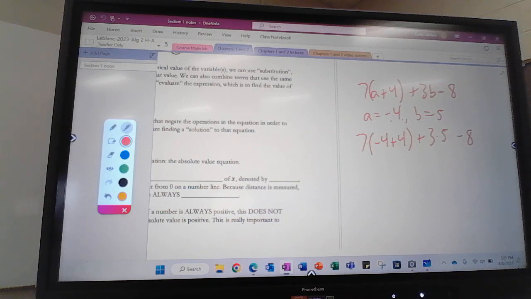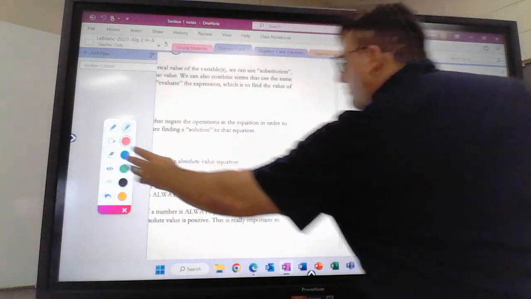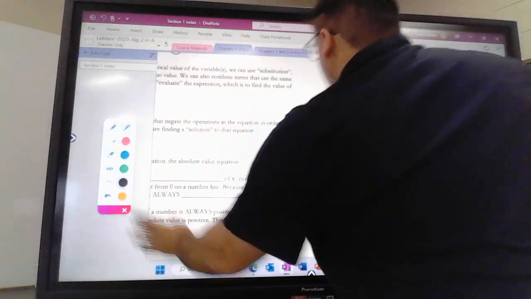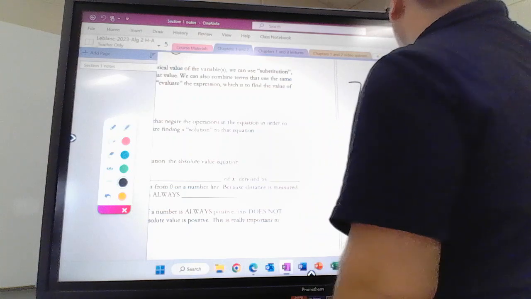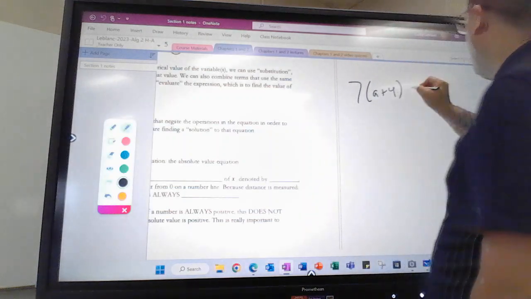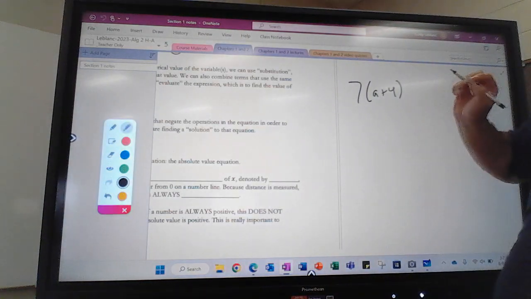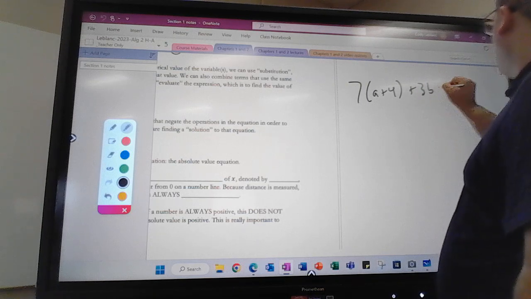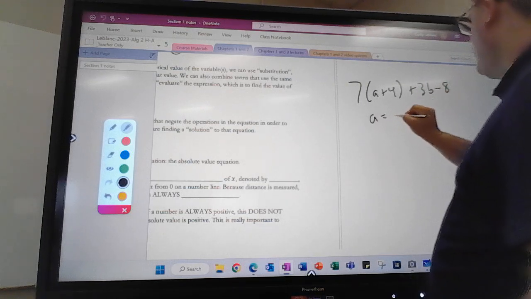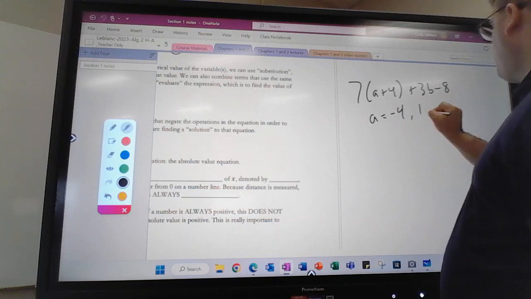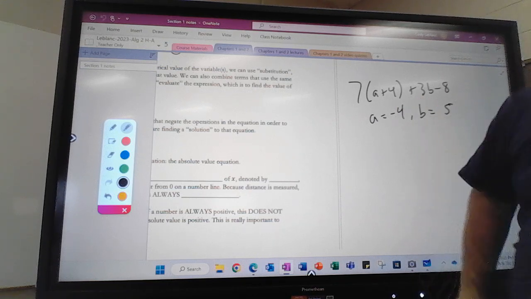And of course, we cannot forget order of operations, right? We'll start with parentheses, then we'll work with exponents. Sorry, 7A plus 4 plus 3B minus 8, where A is -4 and B is 5.